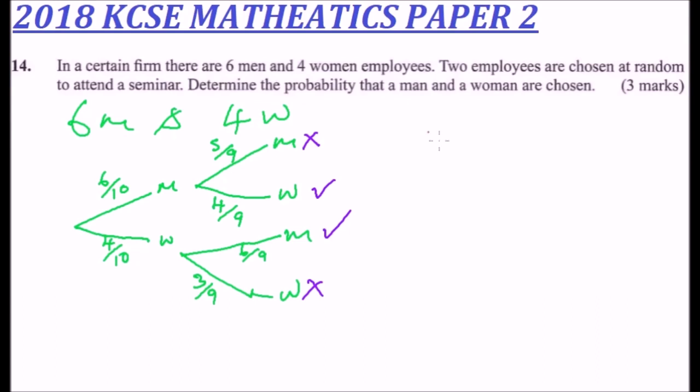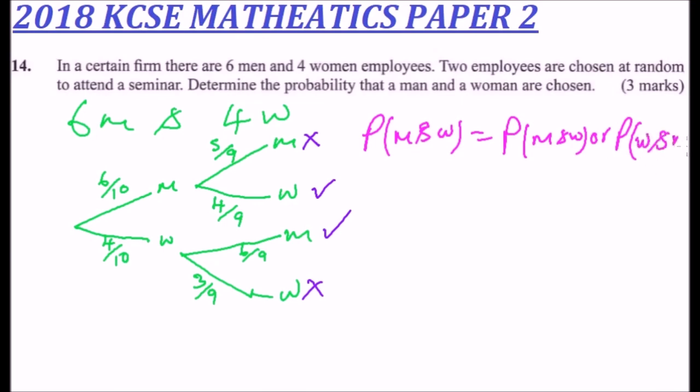Therefore, the probability of a man and a woman being chosen is equal to the probability of choosing a man and then a woman, or the probability of choosing a woman and a man.